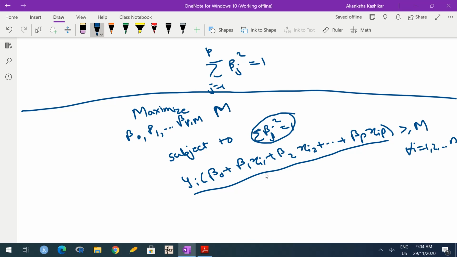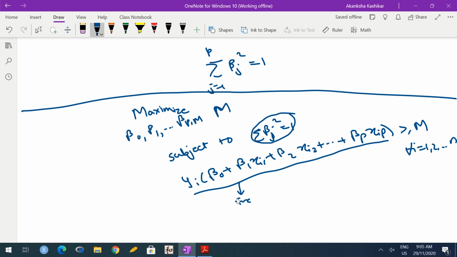So this is a distance, and we know that the margin should be the shortest distance. So the distance of every point should be greater than the margin, and we are taking yi here, which is either plus 1 or minus 1. The sign being positive, m is of course positive, and the sign of this quantity being positive indicates that we want every observation to be in the correct class.